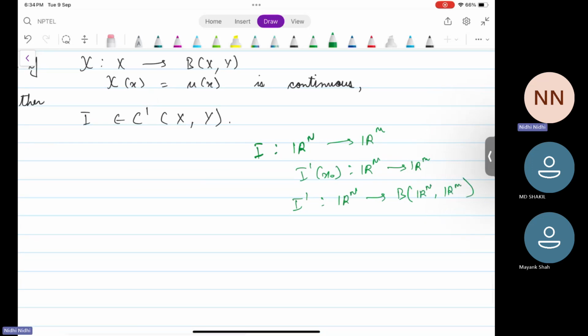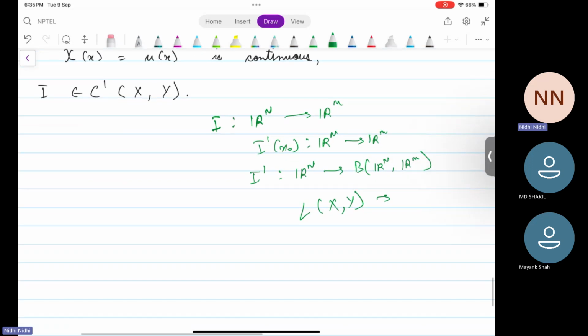This is the same as L(Rn, Rm) in the notation you use.